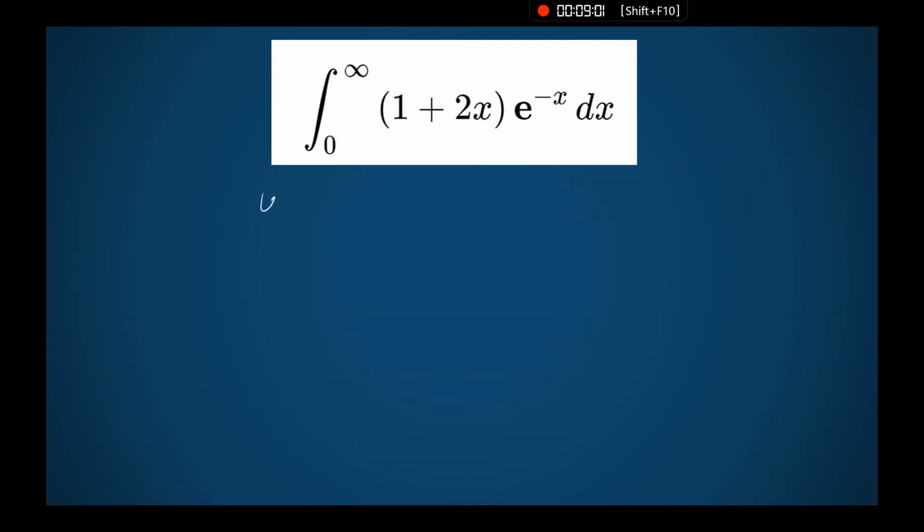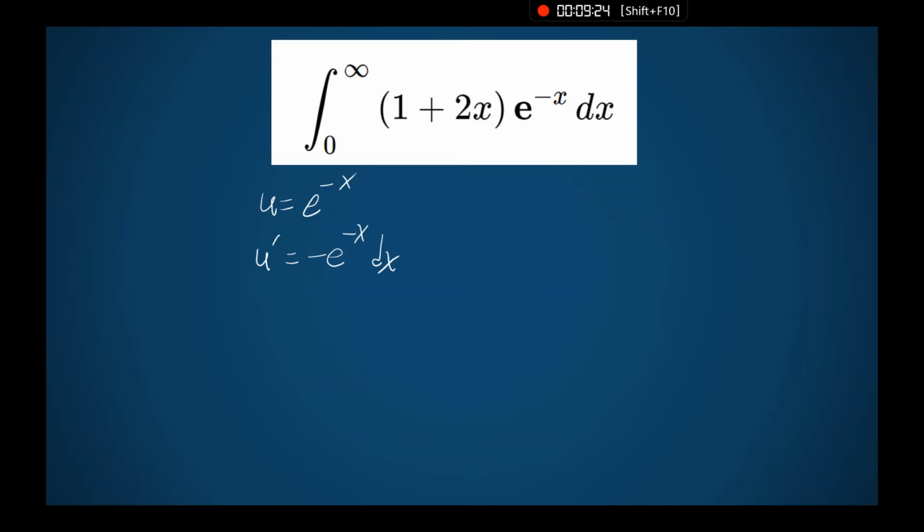Okay, if I try that, u is e to the negative x. What will happen when I derive? E raised to negative x times negative 1. Okay, so I didn't simplify anything when I derived.